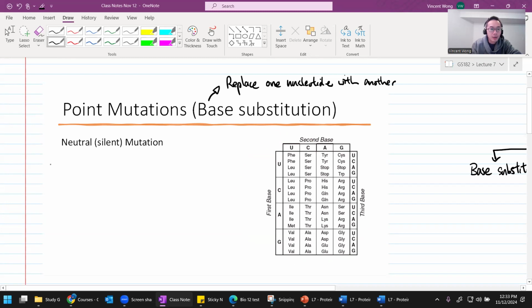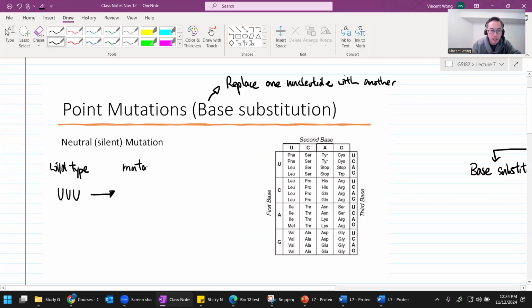All right, so we have what's called wild type. Wild type just means normal. Right? So let's say we have UUU as a codon on the RNA. So in the DNA, it would have been like TTT. But let's focus on the RNA here. And let's say it's mutated.